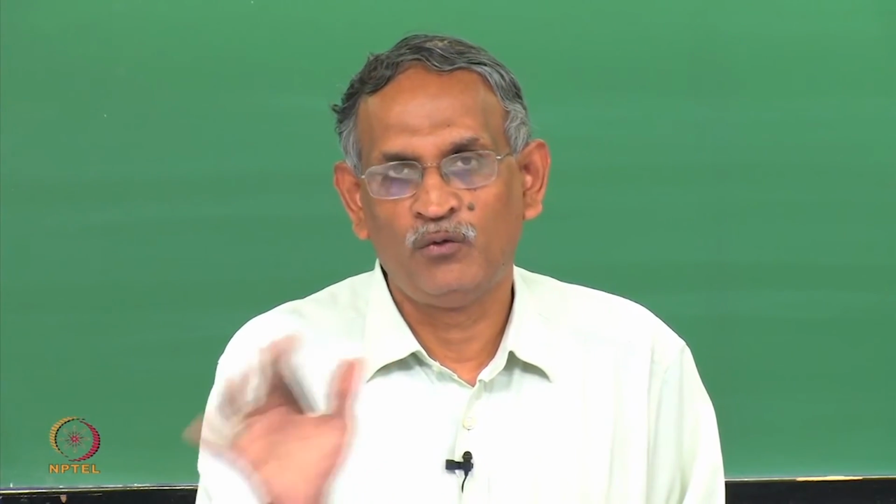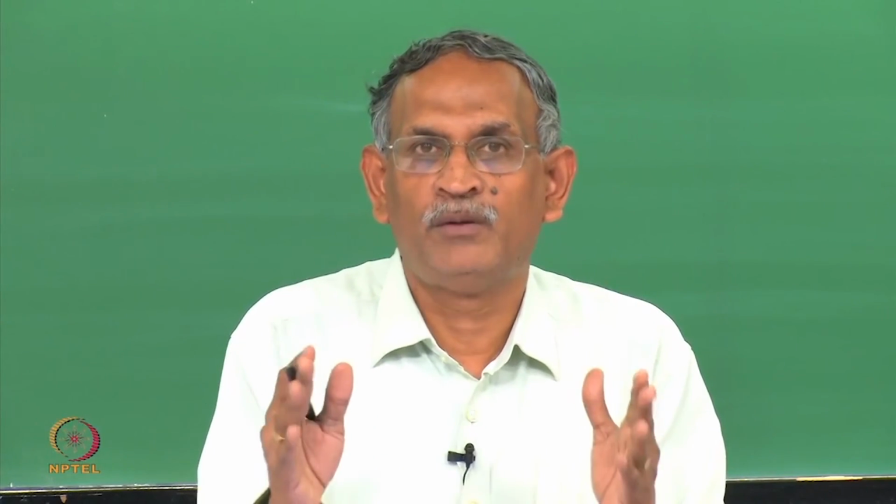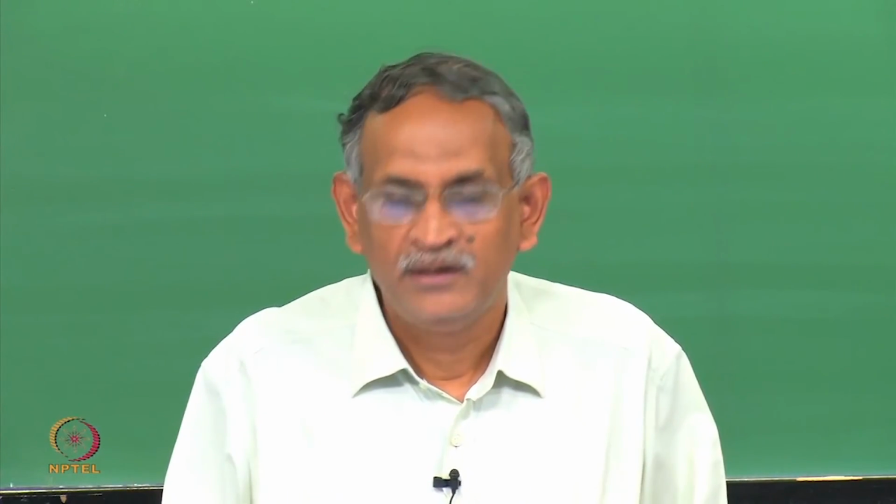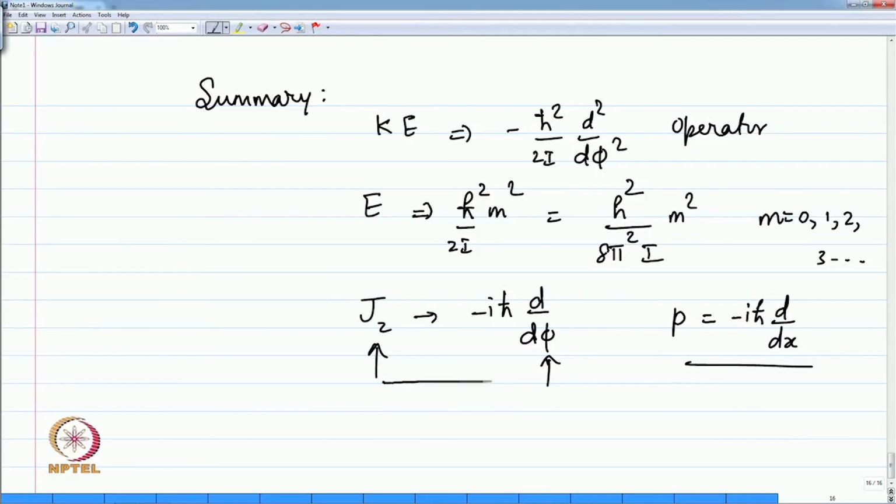So, the uncertainty rules are not violated in any way, unlike the particle in a box, where you do not have the possibility of a very precise position and a very precise momentum. For a particle in the ring, we do not have that problem. Okay. So, this is the other important variation from the particle in a box.